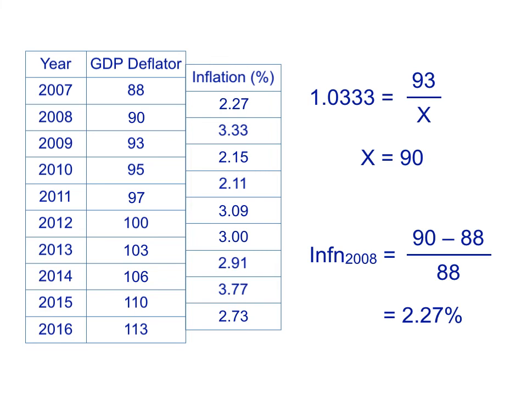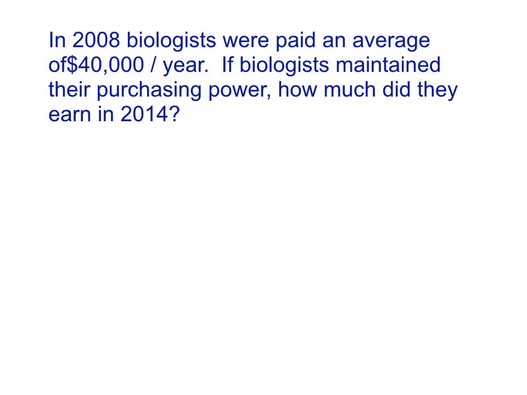Now, using the information in this particular table, I want to calculate some values here, nominal versus real. Let's imagine that biologists were paid an average of $40,000 per year. If biologists maintained their purchasing power, how much did they earn in 2014?